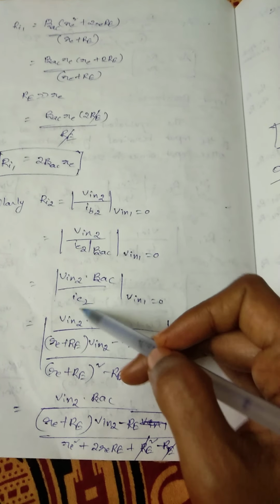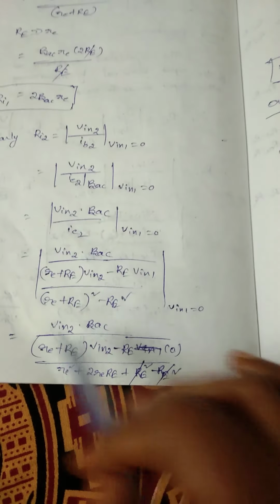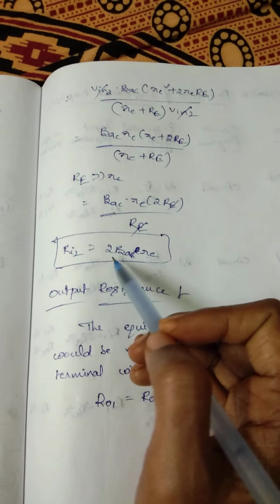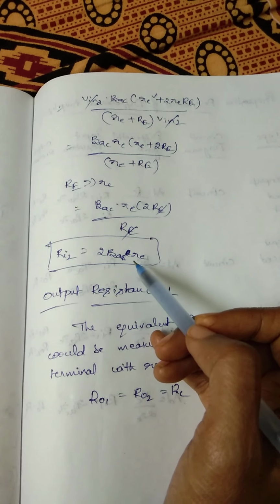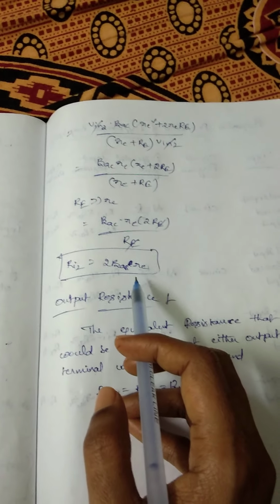Already we know the value of Ie2 from the previous classes. Substitute the Ie2 value also. If you simplify this value, finally we can get the value, that is Ra2 is equal to 2 beta Ac into re. So that is Ra1 is equal to 2 beta Ac re. Ra2 is also 2 beta Ac re.